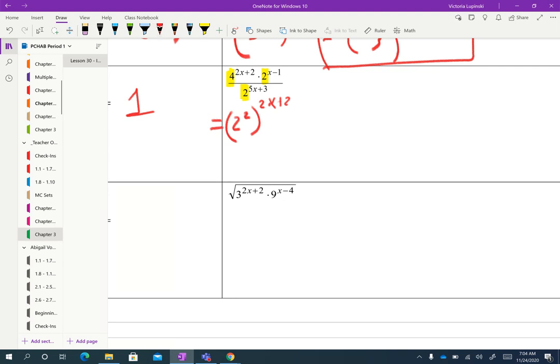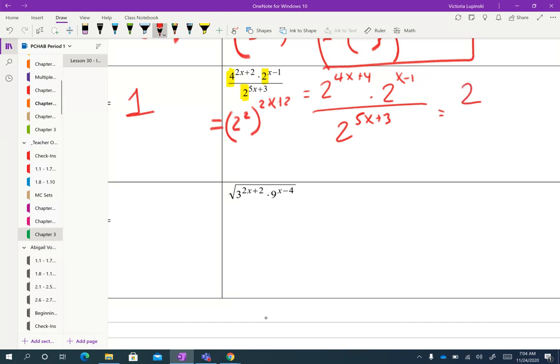As I distribute that, that gives me 2 to the 4x plus 4. Then I still have 2 to the x minus 1 and 2 to the 5x plus 3. In the numerator, I'm going to add up those exponents.